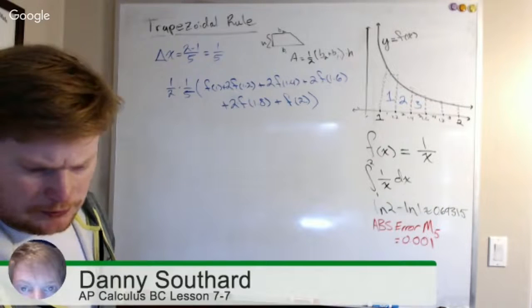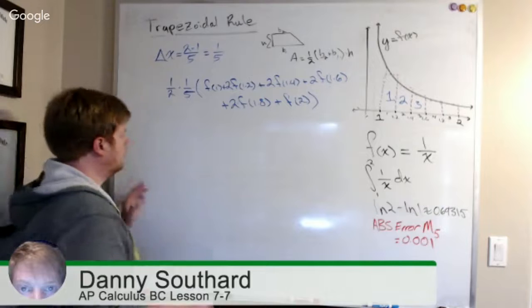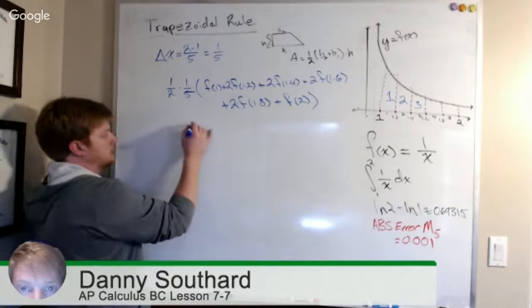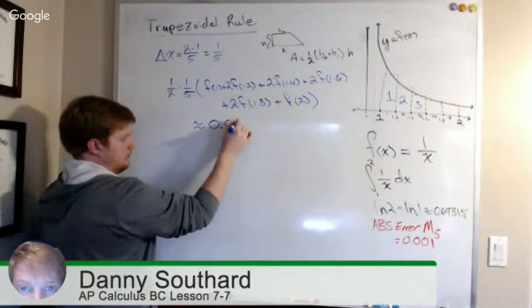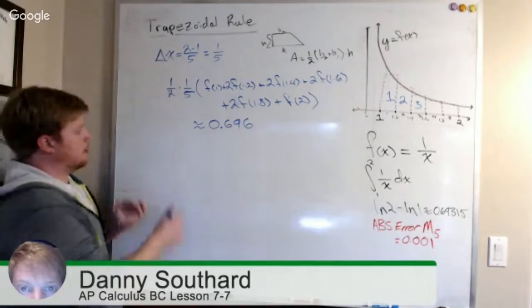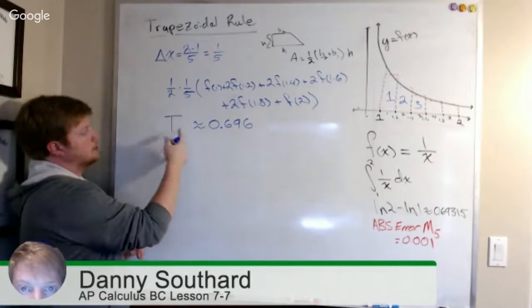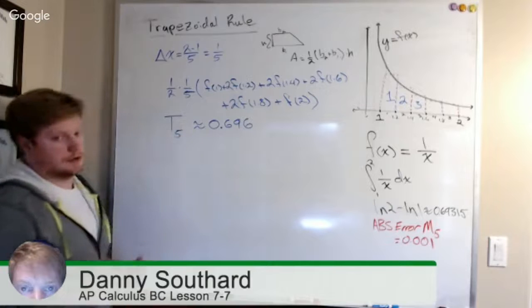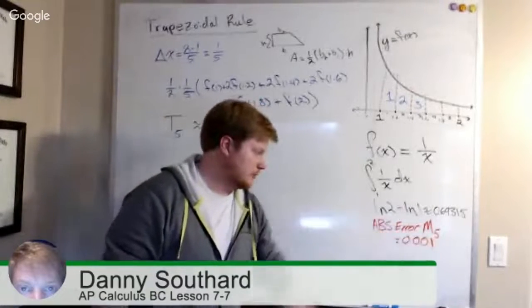But for our purposes here, it is about 0.696. Okay. And by the way, the notation that we'll use for the trapezoidal rule is a large T, and the subscript represents the number of intervals.